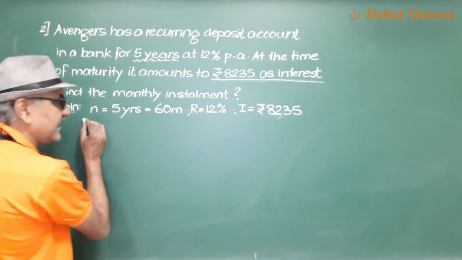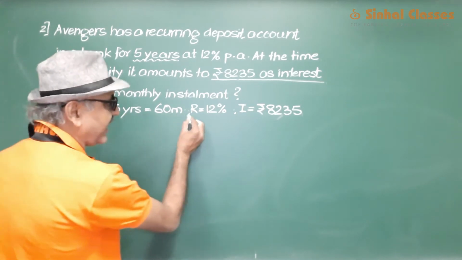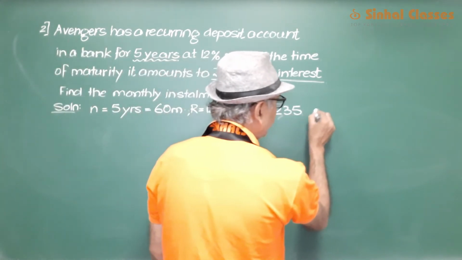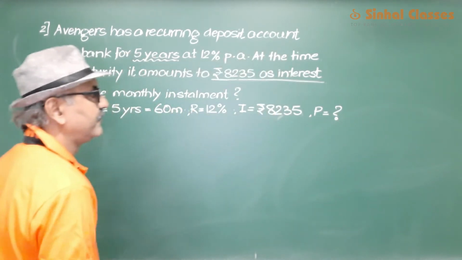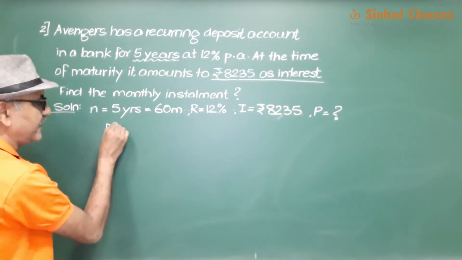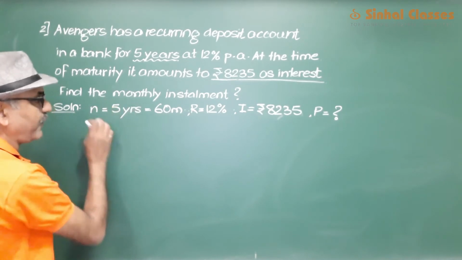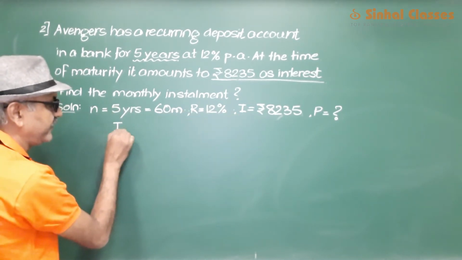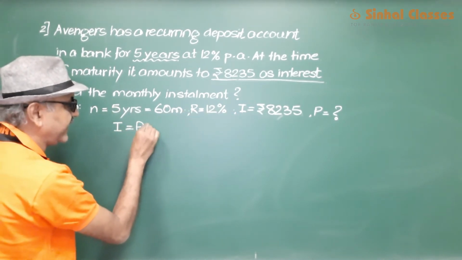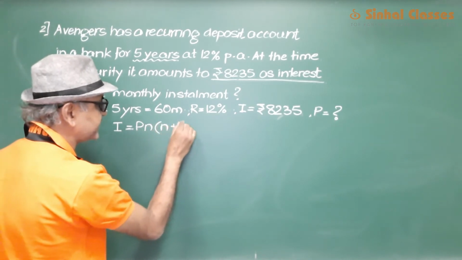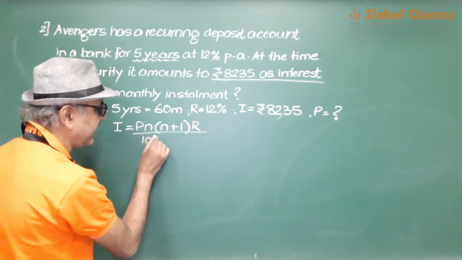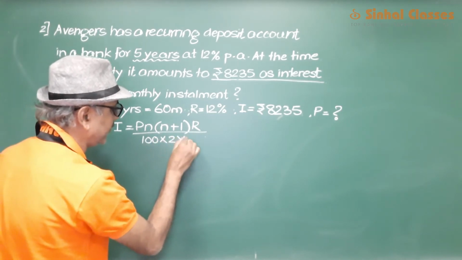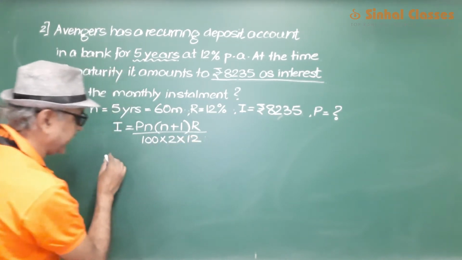So now you have N, you have R, you have I, and you have to find out P. When you want to find out P, you will write the formula for interest, which is P n plus 1 r upon 100 into 2 into 12.